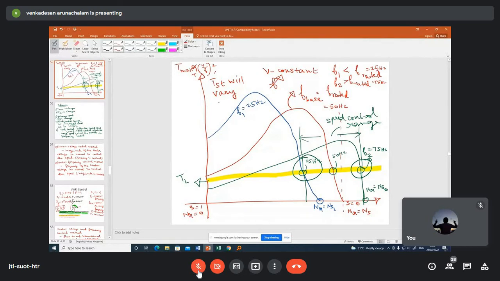So qualitatively we can write like this: starting torque will vary with respect to frequency. You note down like this.